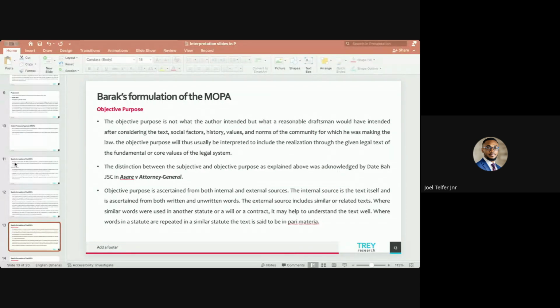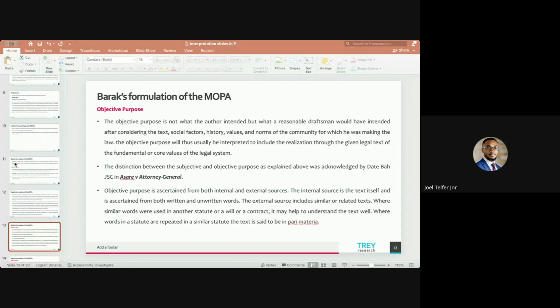Then we've said there's also the objective purpose. Now, this is not what the author intended to achieve, but what the text was designed to achieve, such that a reasonable draftsman in the circumstances would have thought that the text should mean one thing. So he will consider things such as the ideas of morality and justice in society, what is fair and reasonable, and public policy and public interest.